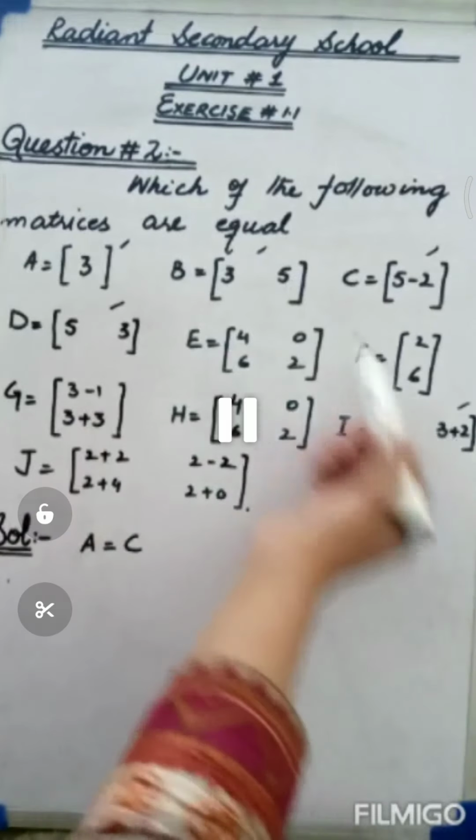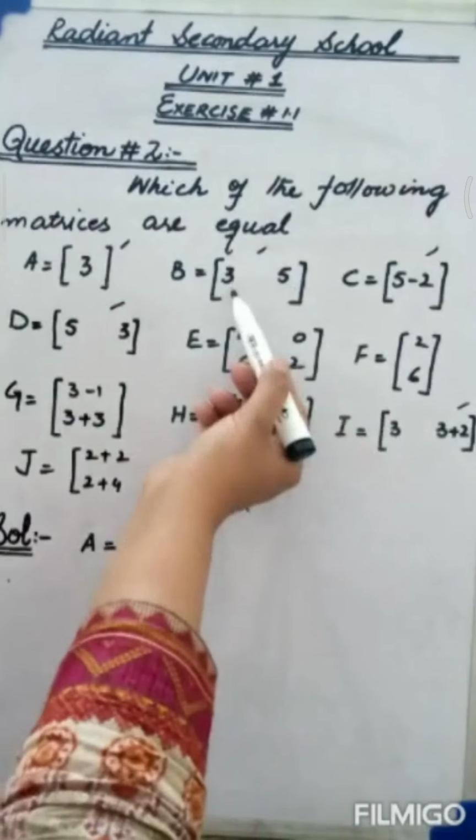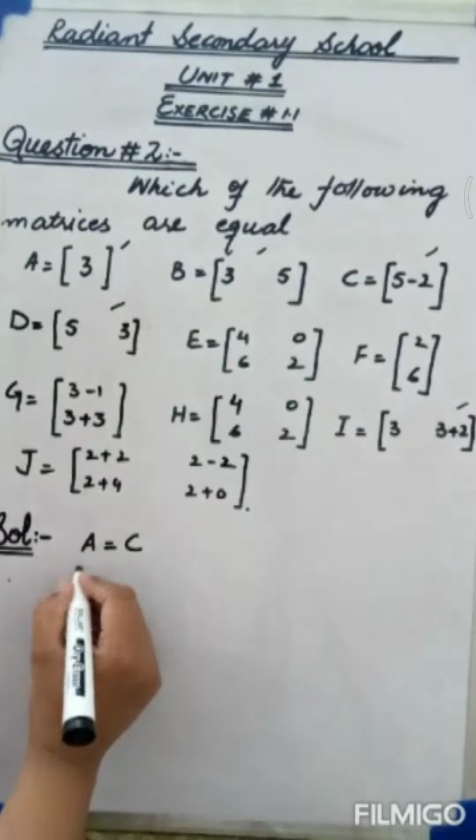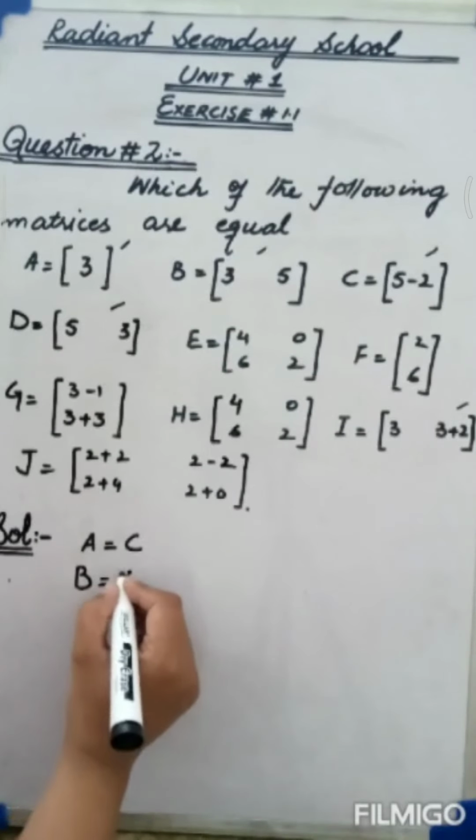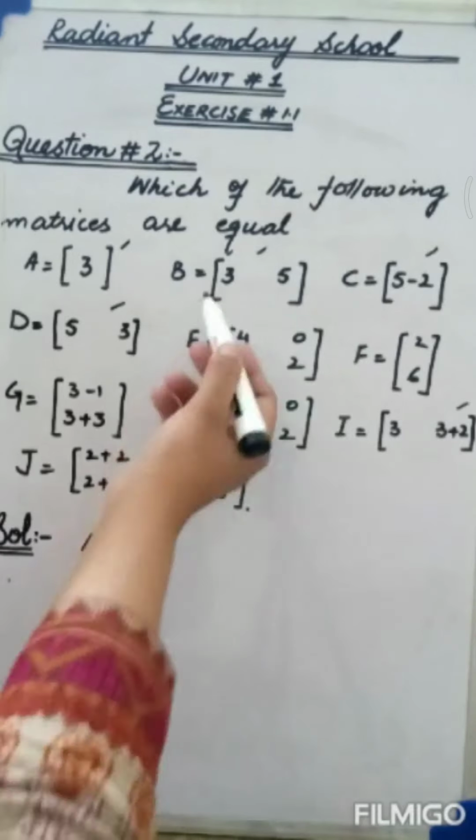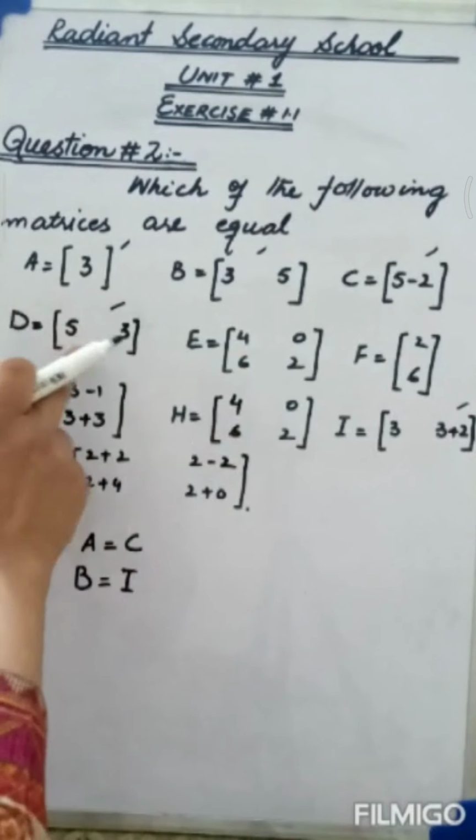This is 3 plus 2 which is equal to 5 and the first entry is 3. So we can write B equals I, not equal to D. We cannot write B equals D or I equals D because D has different corresponding entries.